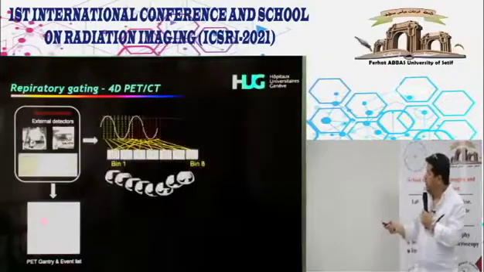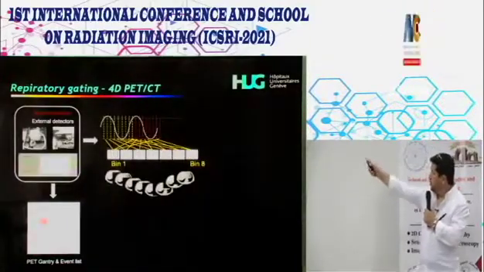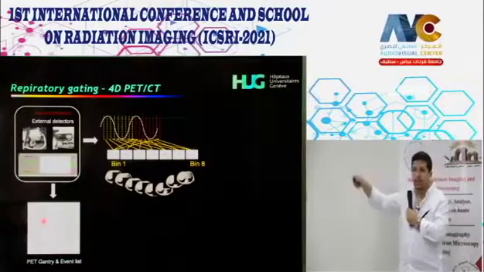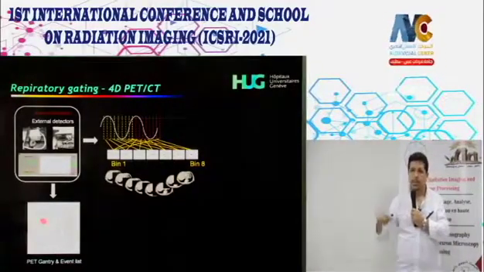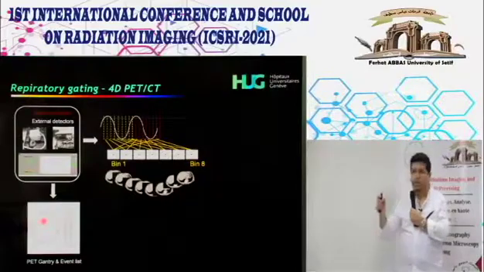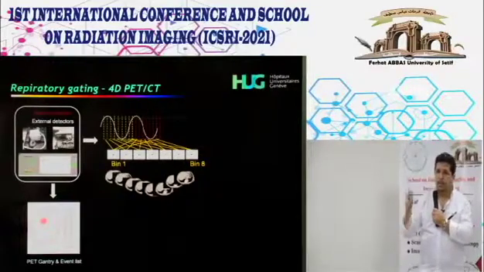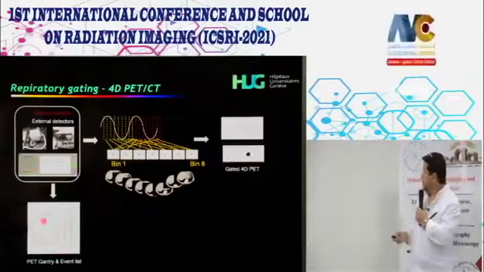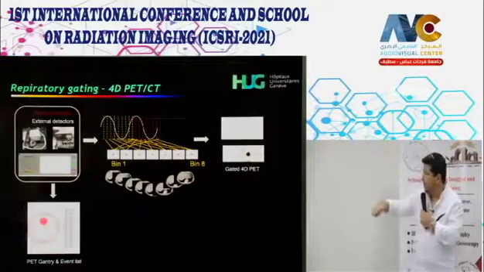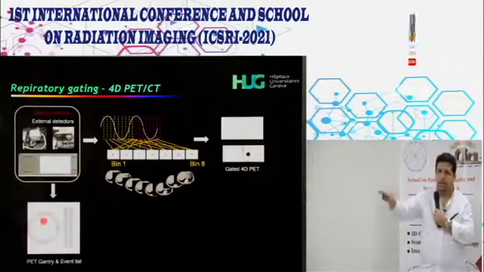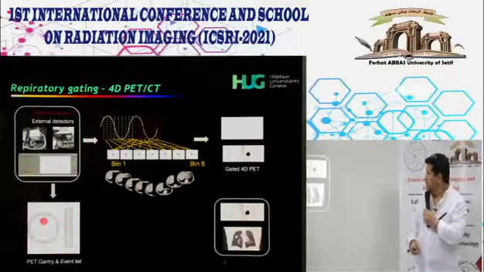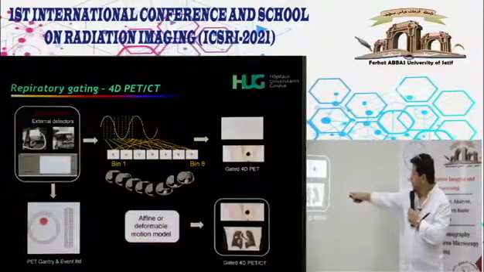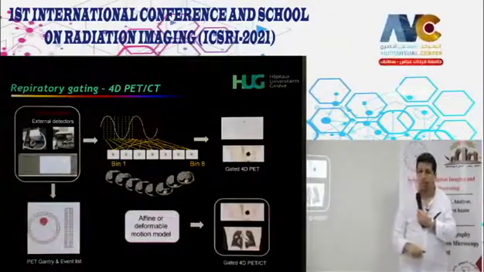Then you correlate this with the data acquisition process and reconstruct 8 or 10 different phases of the respiratory cycle, knowing that a single respiratory cycle is close to 5 seconds for normal subjects, right? With this, you can reconstruct images which are synchronized with the respiratory signal, and you can do this for X-ray CT and for the PET signal.